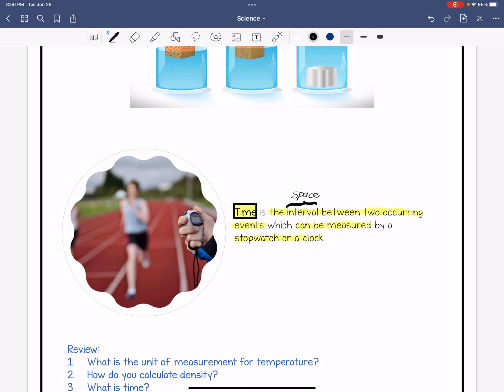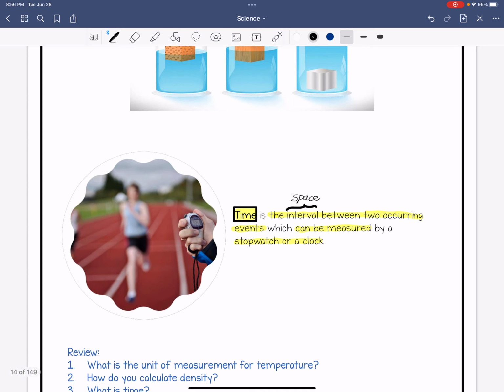So, for example, let's just put this into a sort of a math problem. Let's suppose that I have two people running on a track. So here's the first person running from point A to point B on the track.